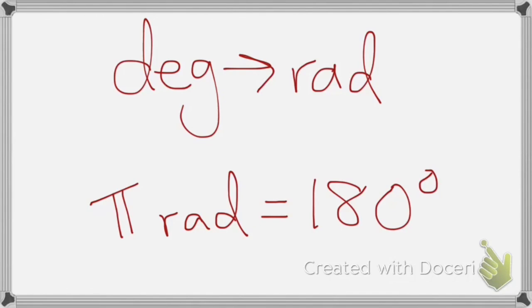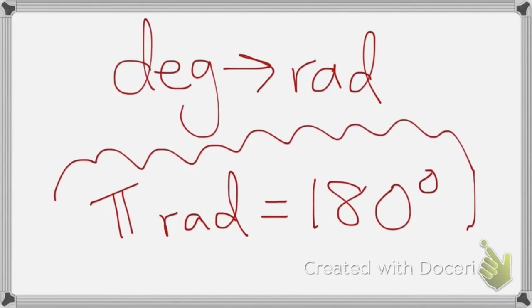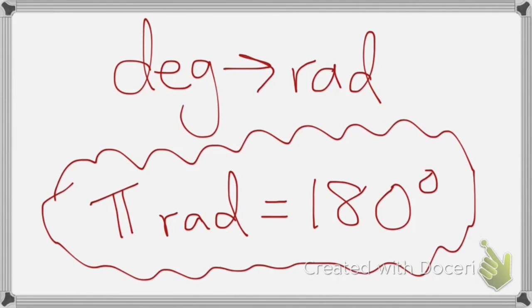That's just another fact that is going to end up coming up. So it's two things to remember. Degrees to radians, multiply by pi over 180, and also remember that 180 degrees is the same as pi radians. Like if you want a decimal, 180 degrees is about 3.14 radians.